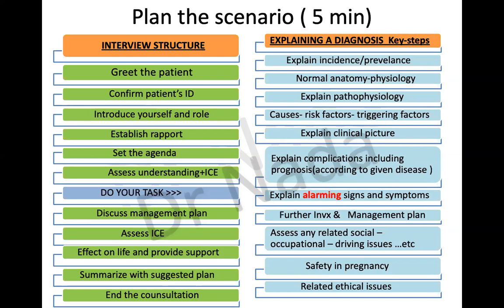Okay, and then end the consultation professionally with three steps. Number one, provide contact details of the specialist nurse. Number two, written information like pamphlets, leaflets, and websites to get more information.